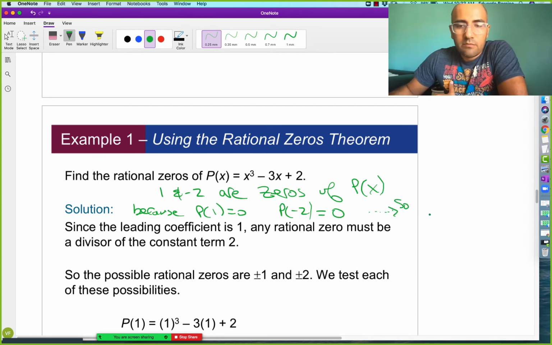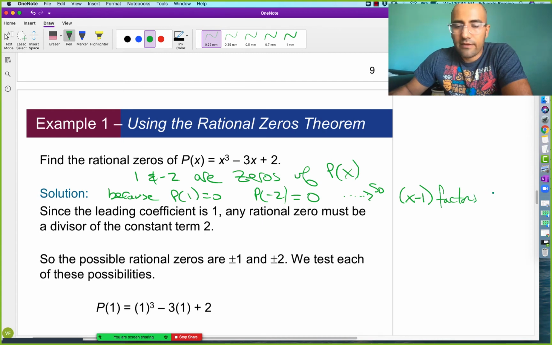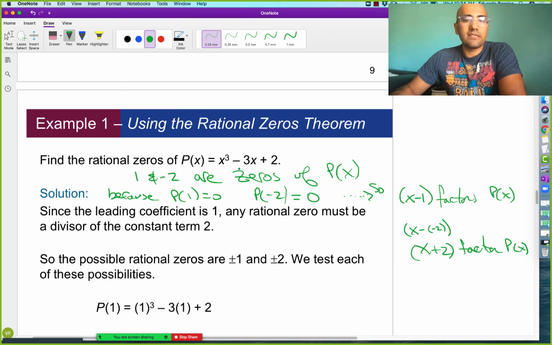So it must mean that x minus 1 divides p of x, is a divisor, we say factors p of x. And therefore I know that x minus negative 2, which is otherwise known as x plus 2, factors p of x. Good. So I know two polynomials that will divide into this evenly, and that will help me figure out how to factor the whole thing.